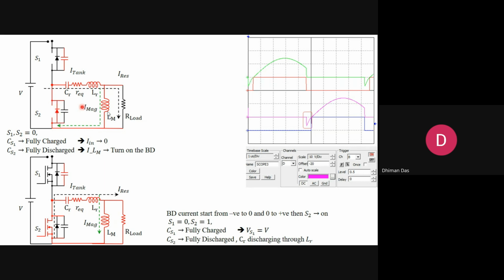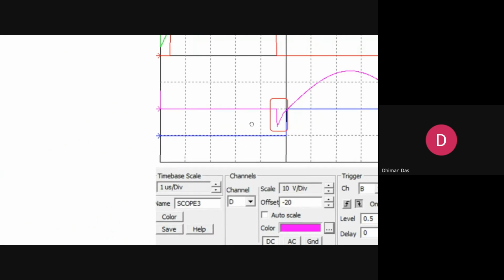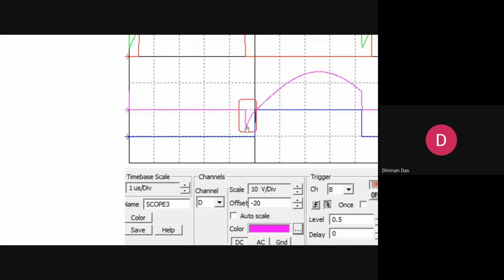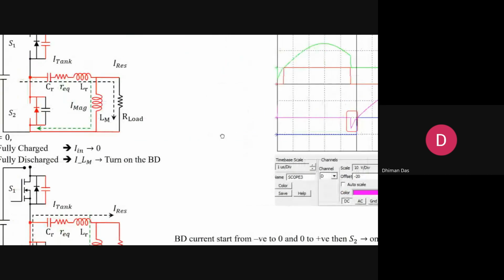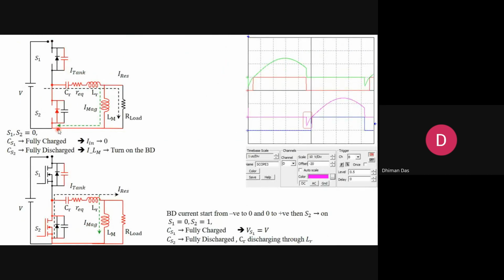Now you can see this is the switching current of the bottom switch. Here it turns on. This is the negative current, because the current is entering the device.